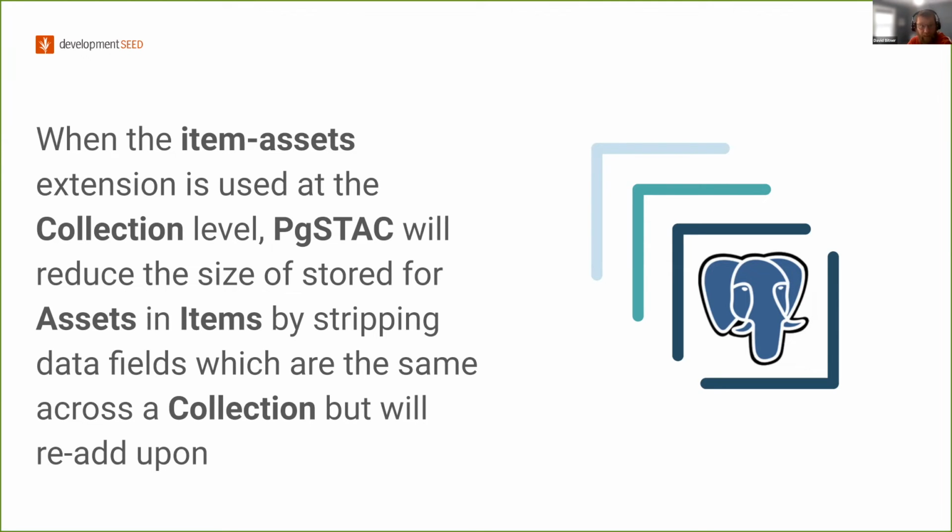If you use the item assets extension at the collection level, where there is redundant information that's the same for all items across a collection, PgSTAC can strip that data out when the data goes in and rehydrate it when you're returning the results from a search. So it can drastically reduce the size of data that's getting stored in the database.